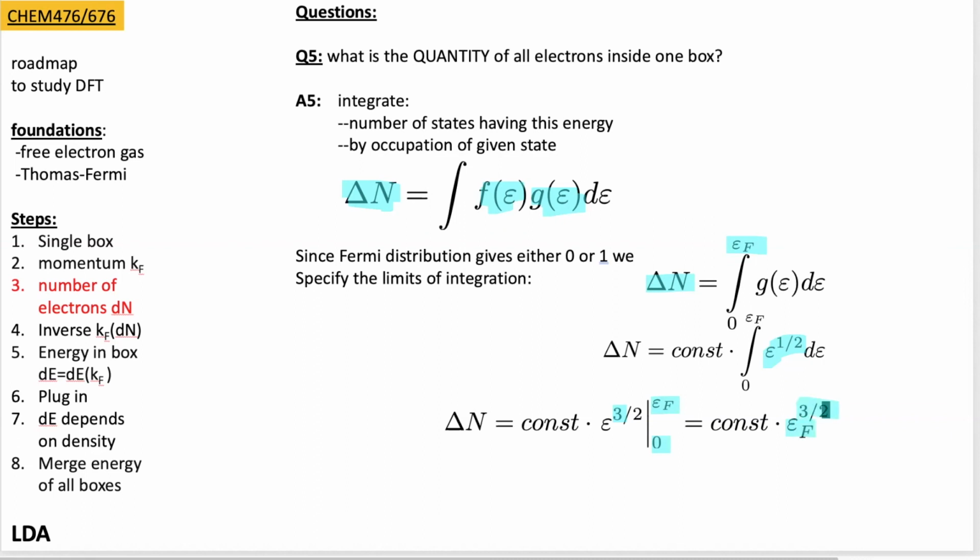Now we have the total energy of all electrons as a function of Fermi energy, and we have the number of electrons as a function of Fermi energy. But our original goal was to express everything as a function of the number of electrons or density. So I want to invert this dependence and express the Fermi energy as a function of the number of electrons.